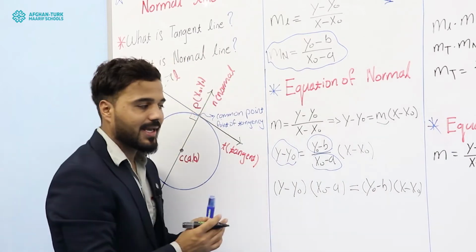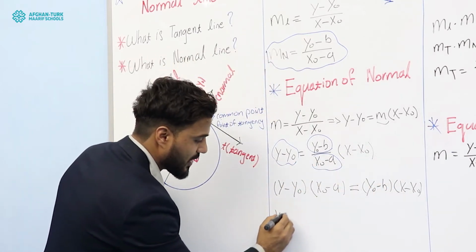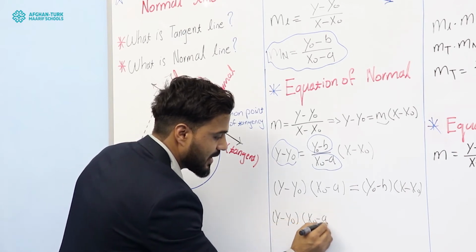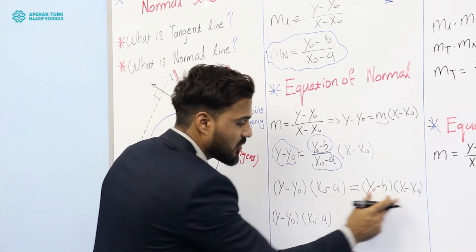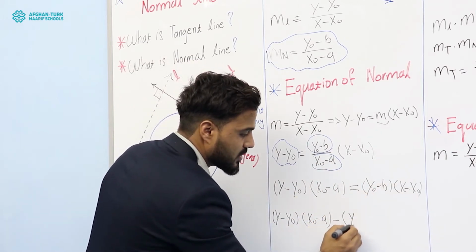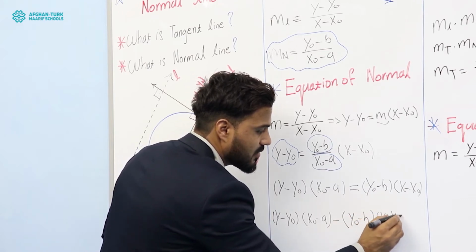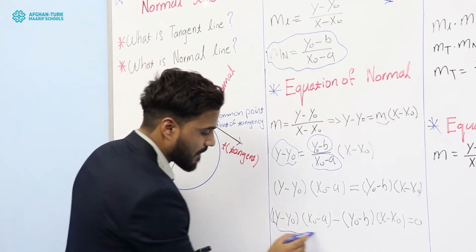Now I am going to bring this part to the left side. So we will get y minus y0 times x0 minus a, and when we bring this one to the left side, its sign will be negative: minus y0 minus b times x minus x0 equal with 0. This one is called the equation of normal line.